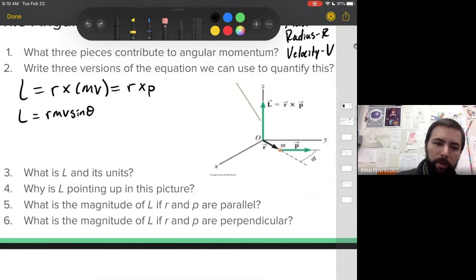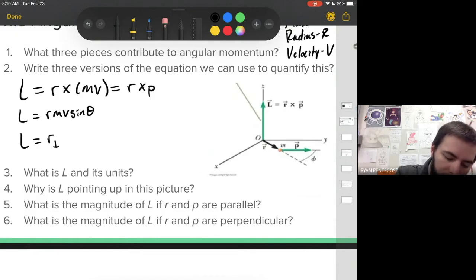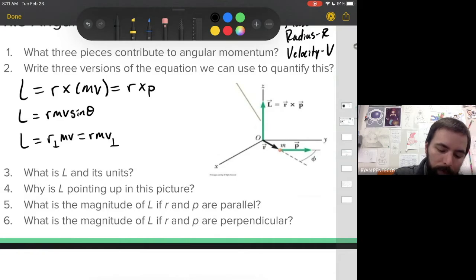Now, here is one more equation. This is kind of a shortcut. So if you have a perpendicular radius times mass and velocity, or if you have a perpendicular velocity relative to your origin, we'll go over a practice problem where we'll actually use that.